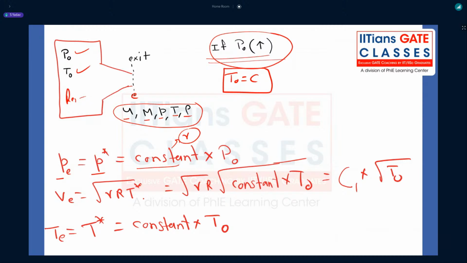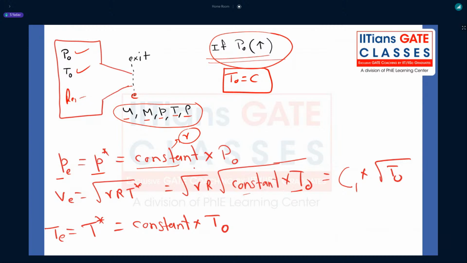I'm not writing the formula here because we are just looking at the nature of P, whether it will increase or decrease. So the exit pressure is a constant multiplied by P naught. Exit velocity, since Mach number is 1, will be given by the square root of gamma R T star, and gamma is constant, R is constant. Once again, T star can be written as a constant times T naught.